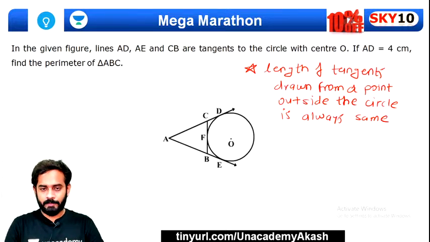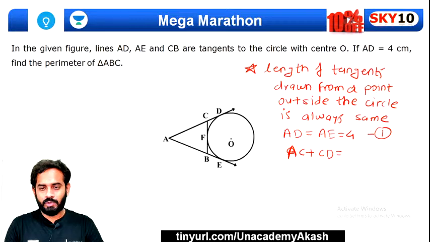Okay, we know that AD is equal to AE is equal to 4 cm because they are tangents drawn from the same point. This is part 1. Now AD is nothing but AC plus CD is equal to 4.